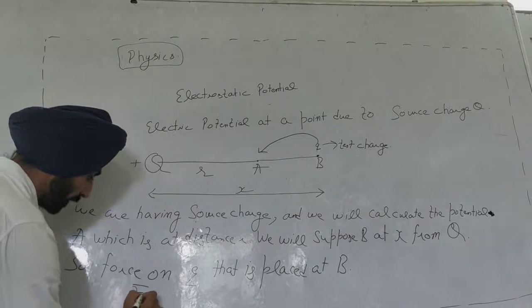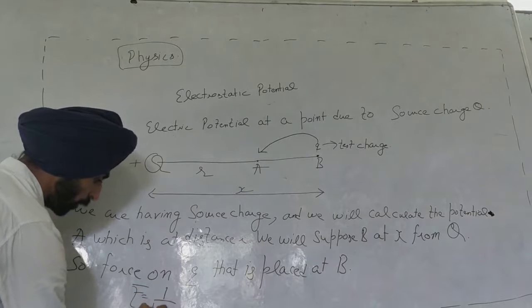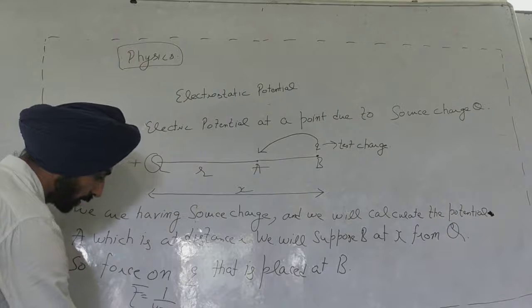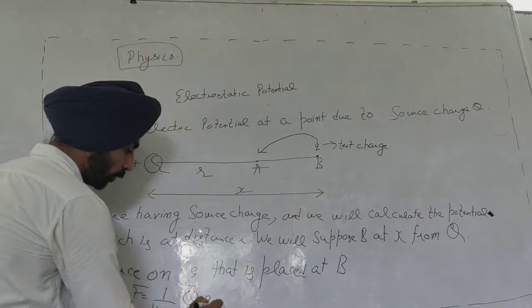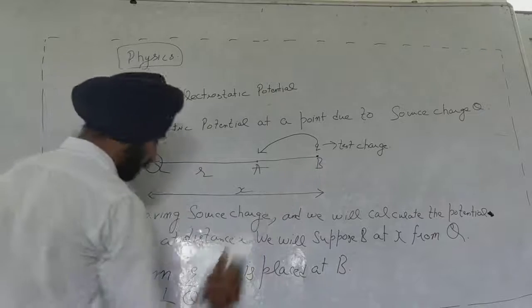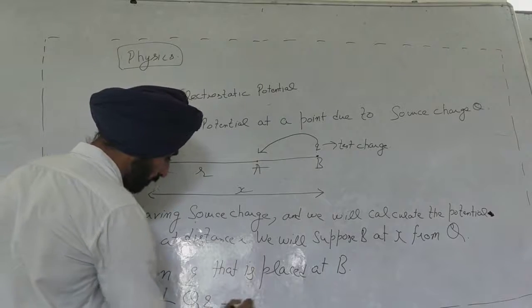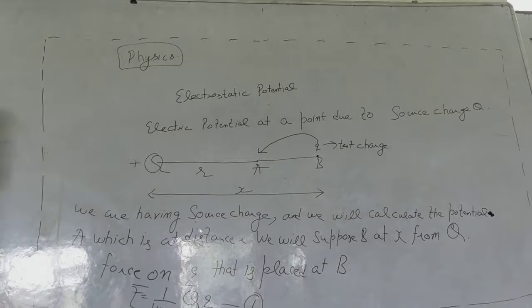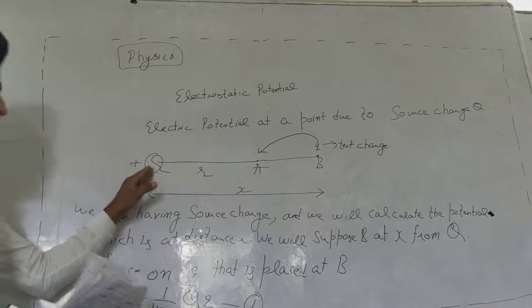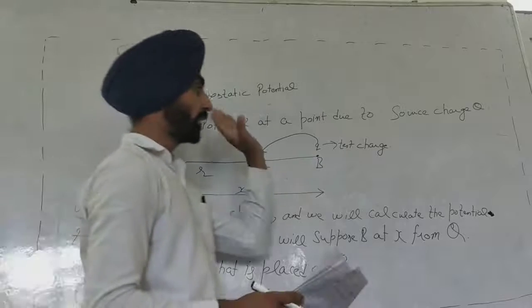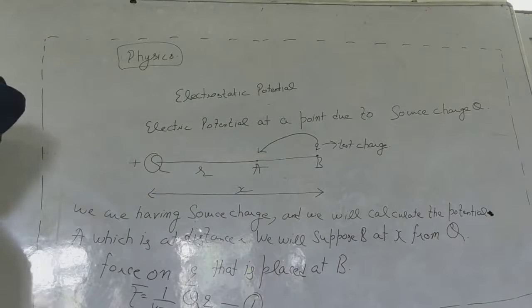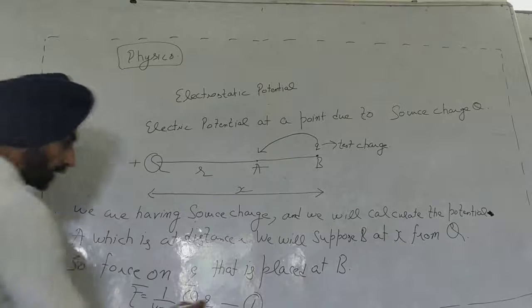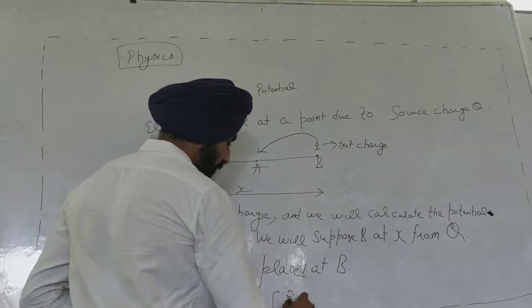The force will be, according to Coulomb, 1 upon 4 pi epsilon naught, Q q upon x square, where x is the distance between them. So this will be the value of force. And this source charge will repel the test charge in that direction, and this will be repulsive in nature.